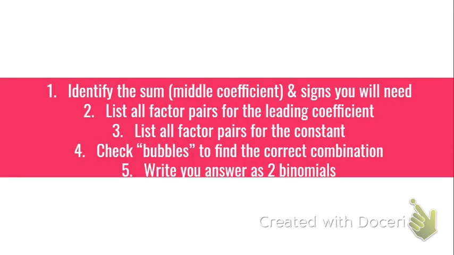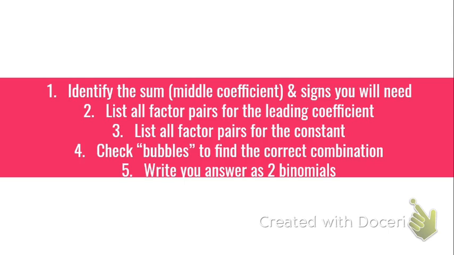All right, we've got some steps, so you might want to pause the video to write these steps down. The first thing we will do is identify the sum, which comes from our middle coefficient, just like when we did the x method, and the signs that we'll need, meaning should both our signs be positive, both of them negative, or one of each.